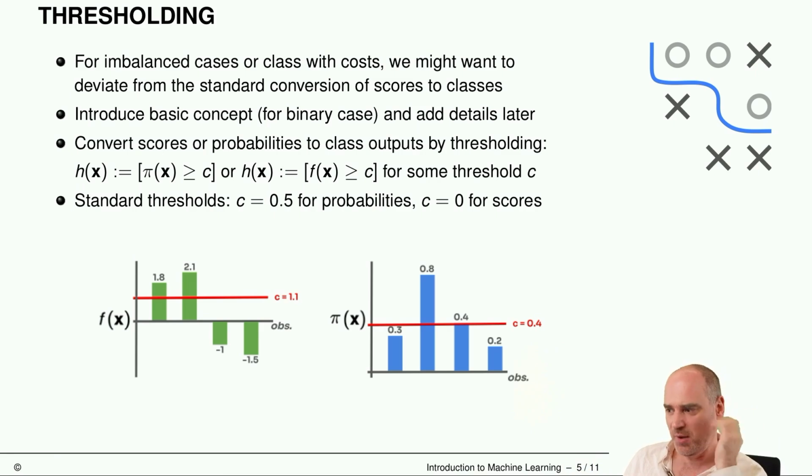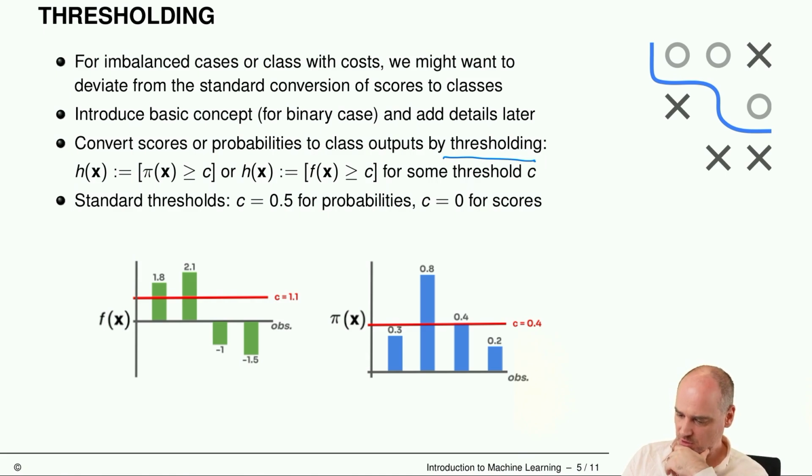I don't want to talk too much about that, because that's a whole issue of its own, how to do this algorithmically and properly, but I want to introduce at least the basic concept here. I'm also not going to talk about the multi-class case, just the binary case. The idea is that we want to convert our scores or probabilities to class outputs, to hard labels, by a so-called thresholding operation.